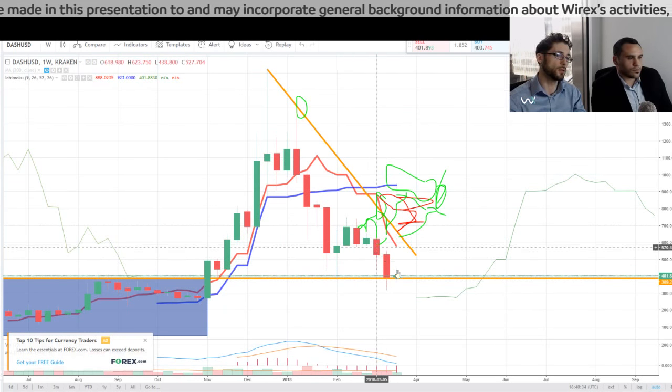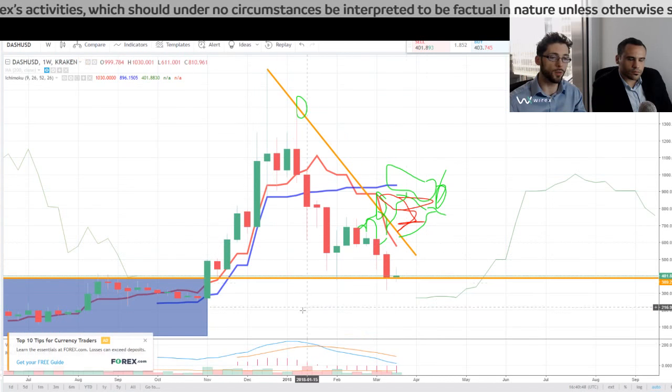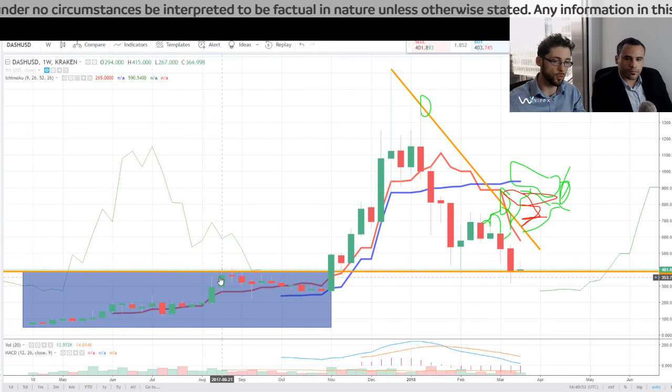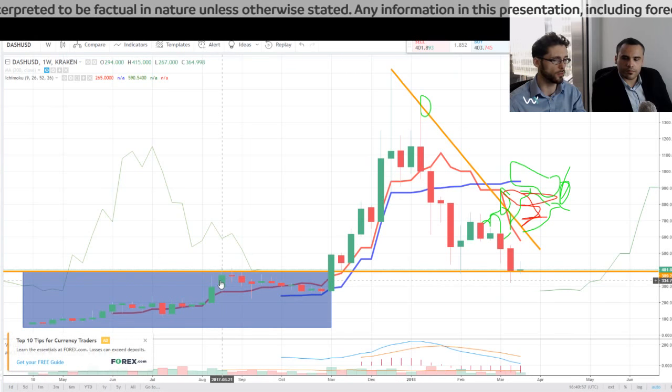But if we then get a positive green candle in the next week after, and we see the MACD bar go from a lower one to a higher one, then we might start to think, well, you know what, we've got tremendous support in the price from all the way back in August, which is pretty much when the Dash conference was, right?